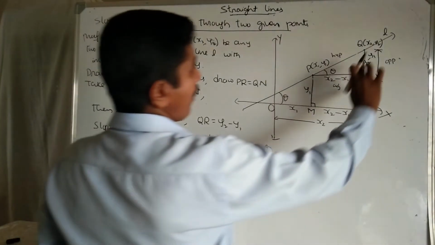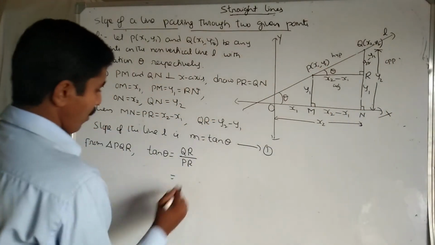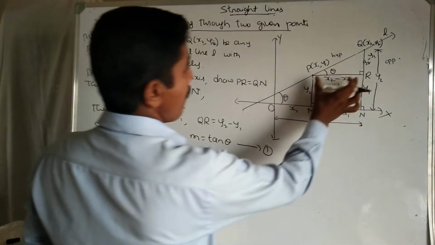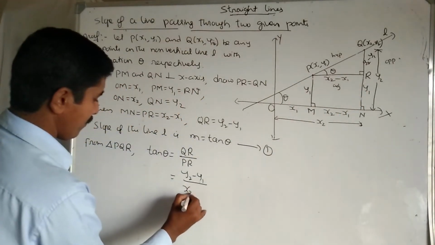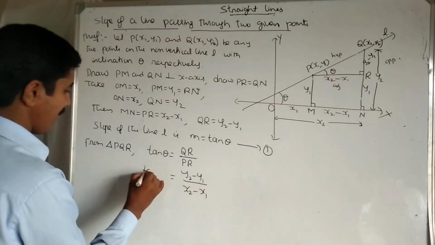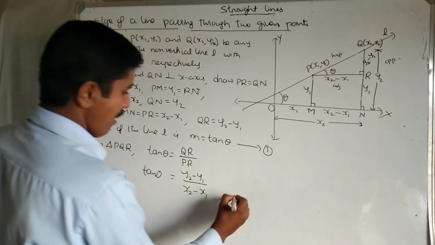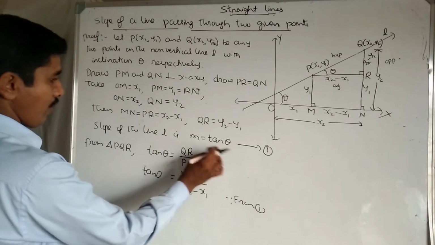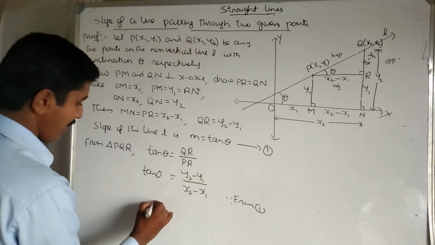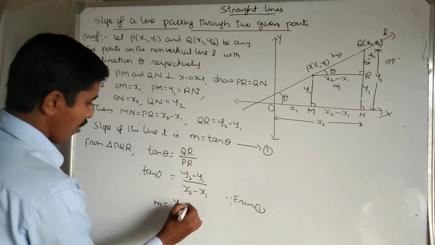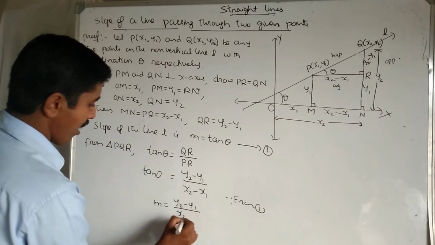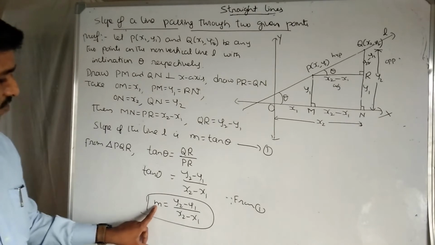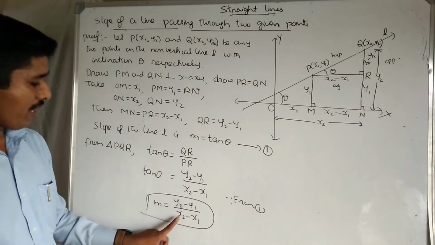What about QR here? QR here we have y2 minus y1, divided by PR. PR equal to what? x2 minus x1. This is tan theta. Since from equation 1, tan theta equals m, substitute here tan theta equal to m. So m equals y2 minus y1 divided by x2 minus x1.